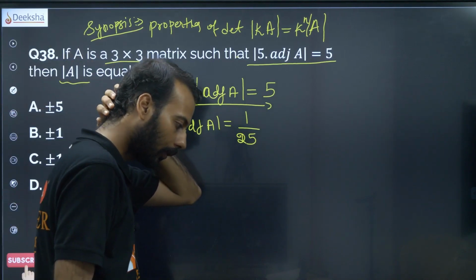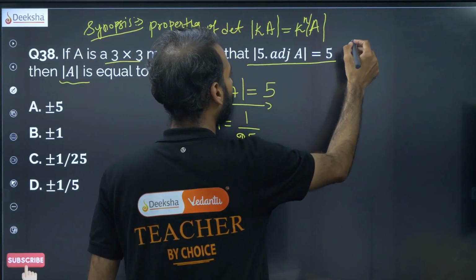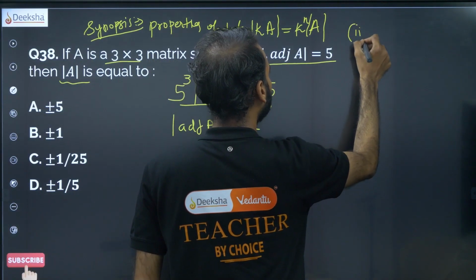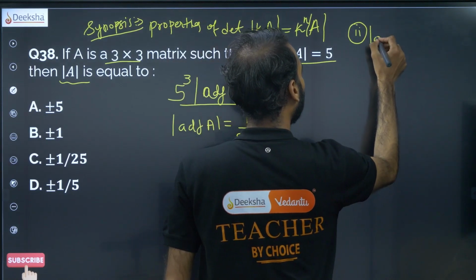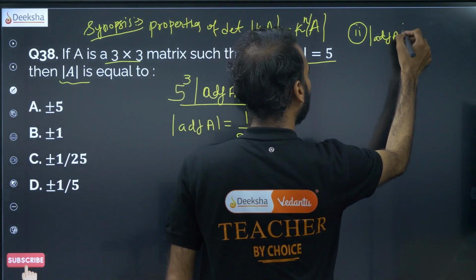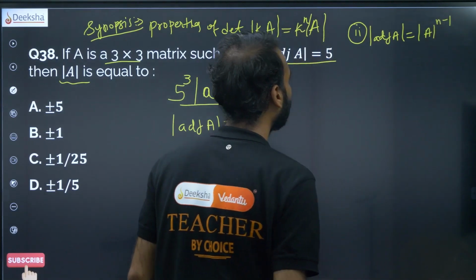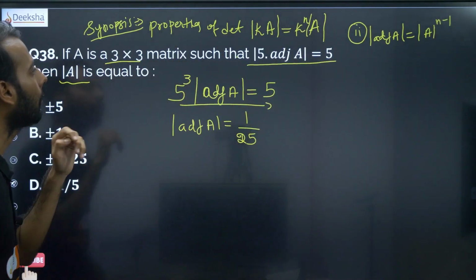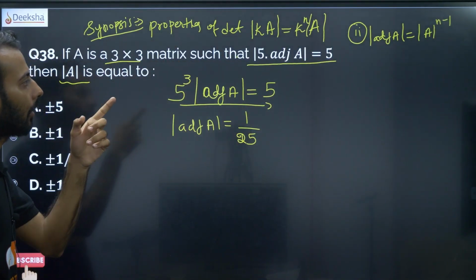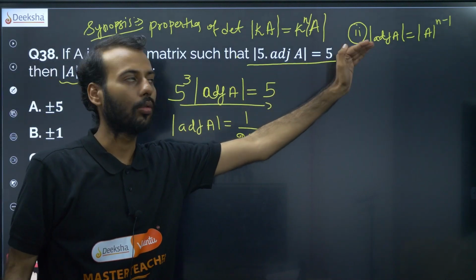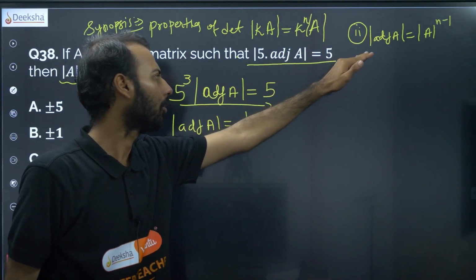Also, try to recall one more synopsis point. Determinant of adjoint of A is determinant of A to the power n minus 1. That is a synopsis point that you should add to your memory.